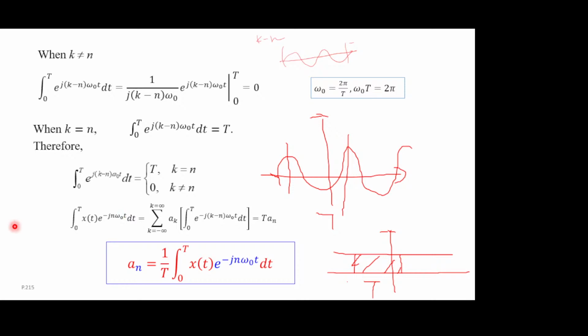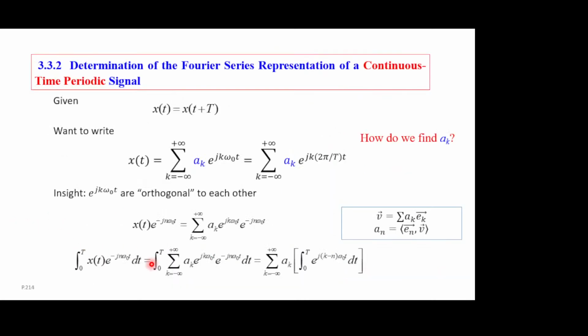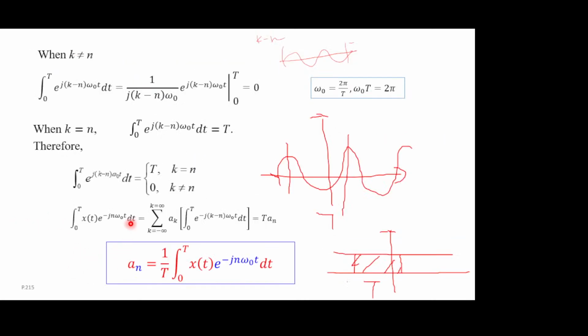And this is the left hand side, we keep it as left hand side. And the right hand side is what we want, so we got an out. We no longer have a summation because we have this delta function here. So we have a single an here. Well, it's multiplied with some T, but we can just divide big T from both sides.